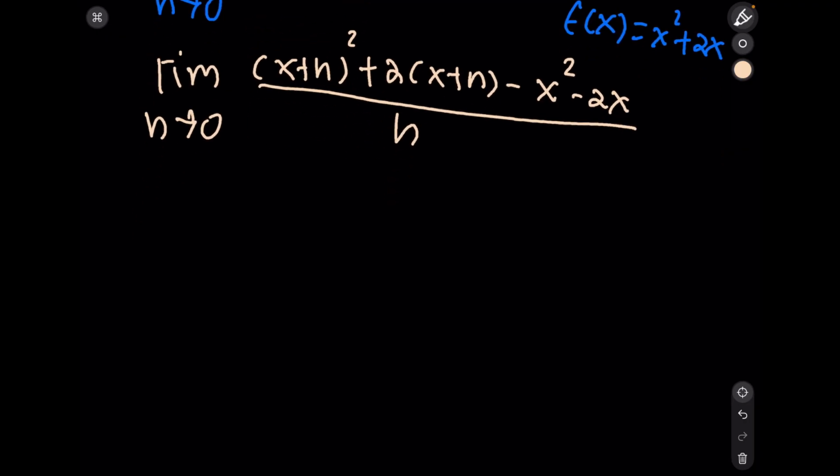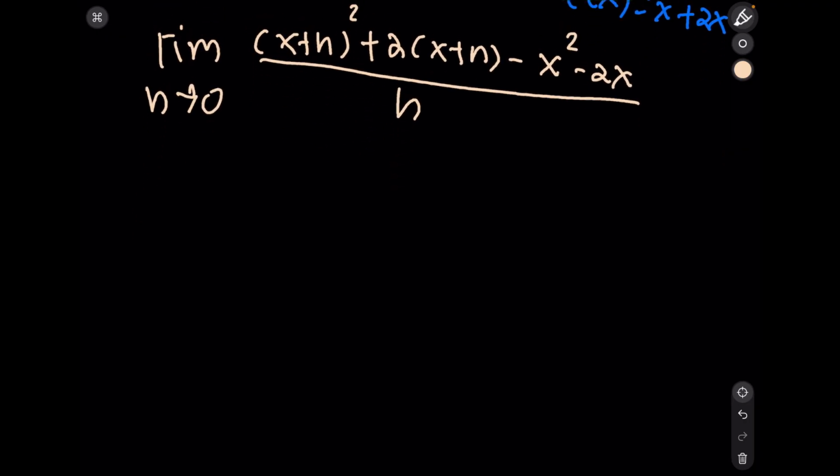So from here, we just bring down our function. And then we square, double squared. If you remember that from algebra 2 or pre-cal, we square, double squared. So we square the x squared. Because essentially, x plus h is just x plus h.